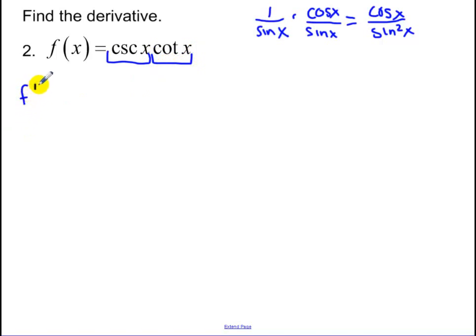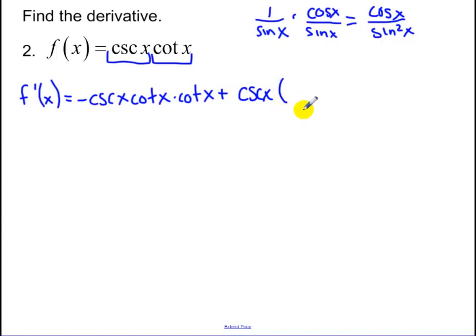So our derivative: the derivative of the first, cosecant, is negative cosecant x cotangent x, times this cotangent, because I leave the second function alone, plus, leaving the first alone, times the derivative of the second, well, that's negative cosecant squared x.